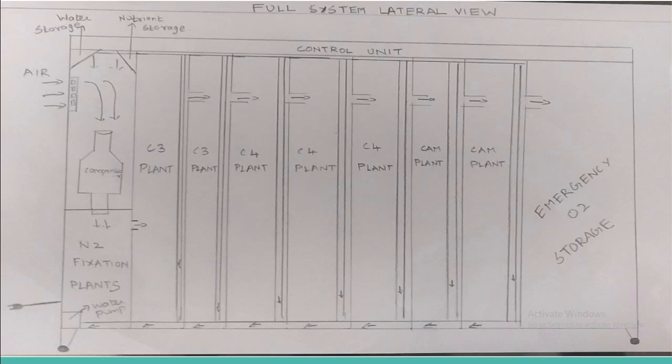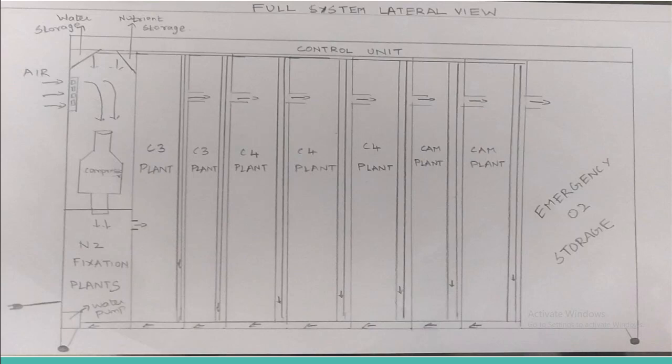So basically, how it works: the air entering from the external atmosphere passes through a filtration process and then goes into a compressor, and is compressed to the next layer where the nitrogen fixing plants are placed. These nitrogen fixing plants, for example the legumes, have a bacteria named Rhizobium in their roots, which helps to fix the atmospheric nitrogen into a edible form for the plants.